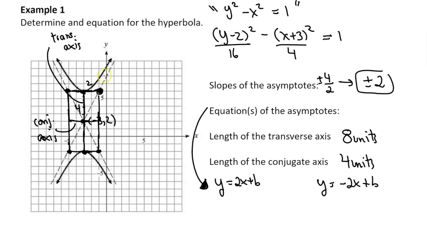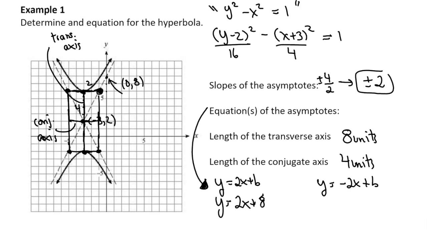For our positive slope, we can see what the y-intercept is right here. It looks like that's for sure at 8. So we could just say y equals 2x plus 8 because that's given to us. But if we didn't have that given to us, you could sub in any point on the line and find out what it would be.